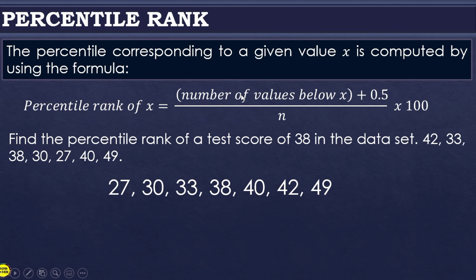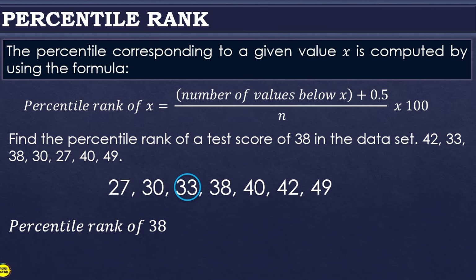So, using the formula, una muna, identify natin kung ilan yung number of values na mas mababa dun sa pinapakuha sa atin. Since yung pinapahanap sa atin is yung percentile rank ng 38, kailangan natin kunin muna yung number of values below 38. So, bilang 1, 2, 3. So, meron tatlong values na mas mababa sa 38.